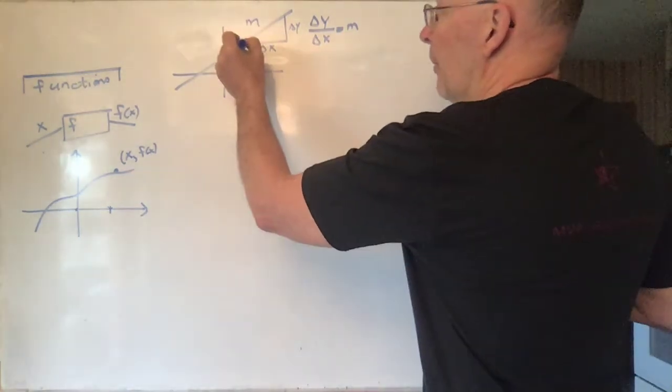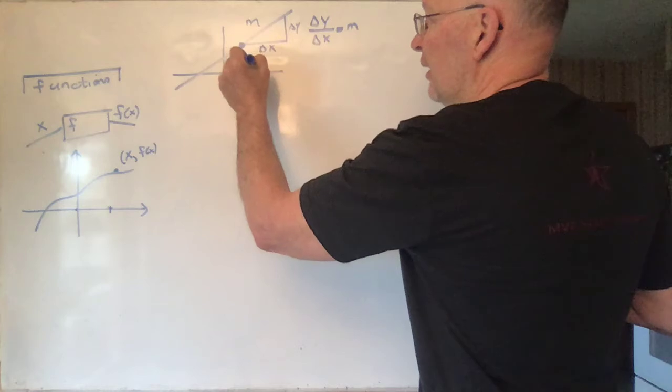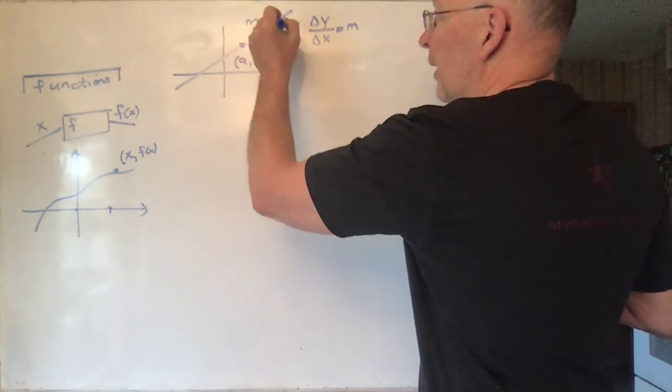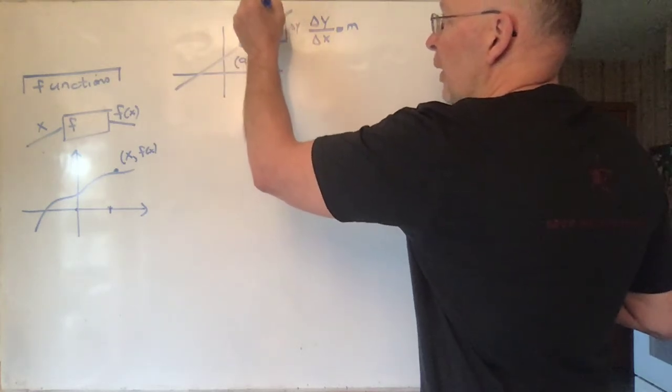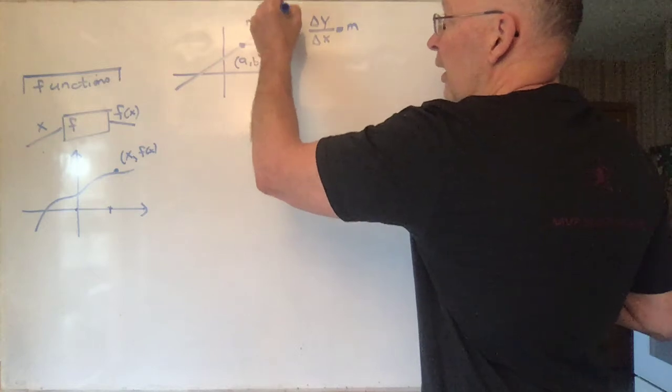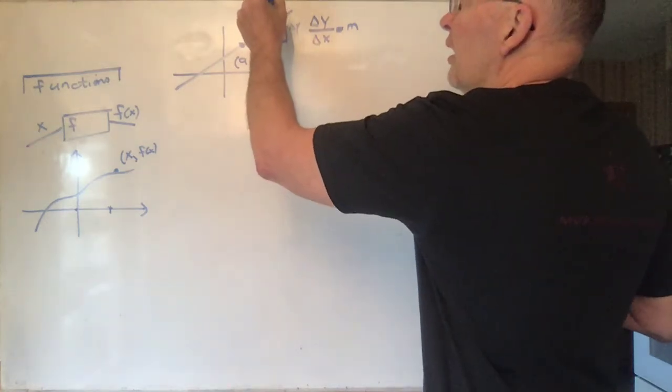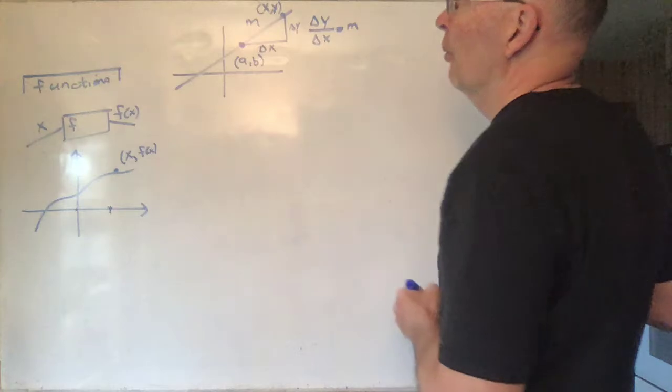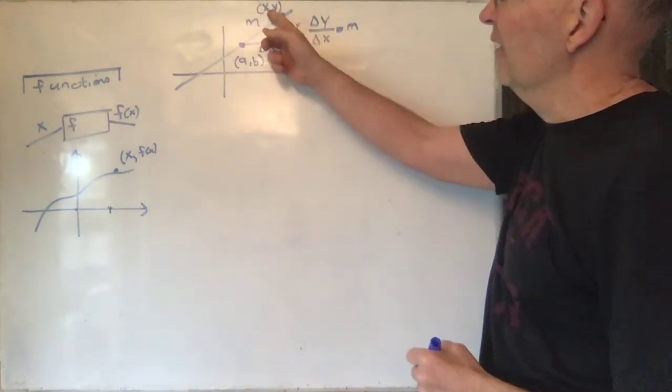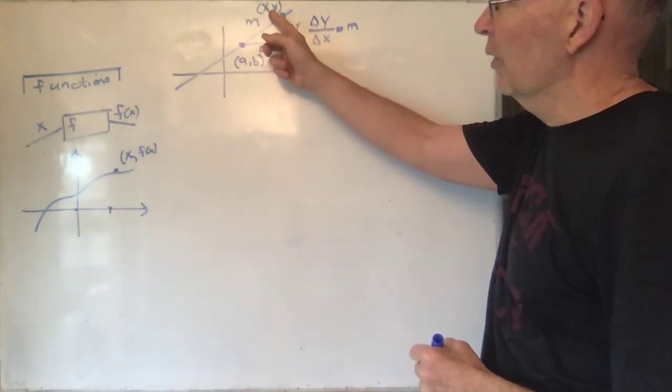And given a point on the line, (a, b), and the slope m, then we can find the equation of the line just by saying, well, if (x, y) is just some general point on the line, what property does (x, y) have to hold?